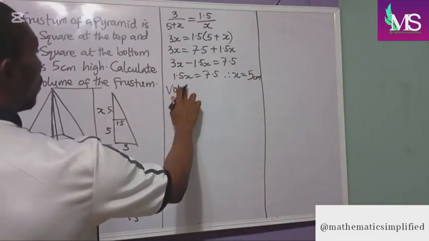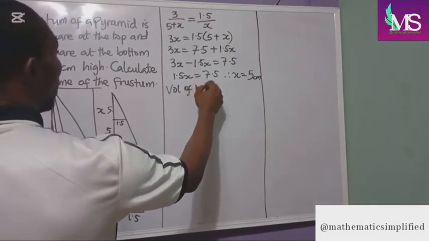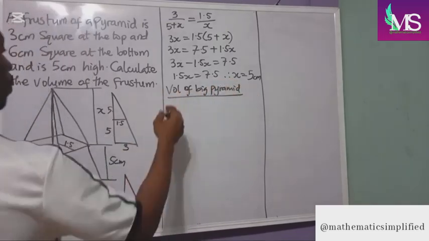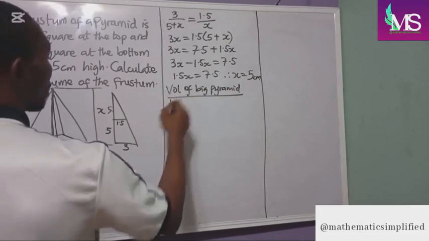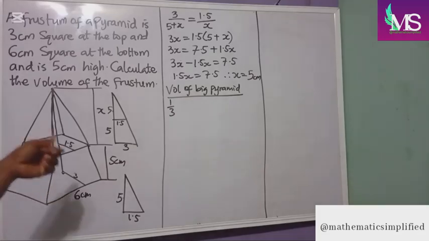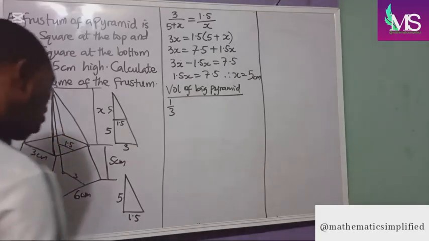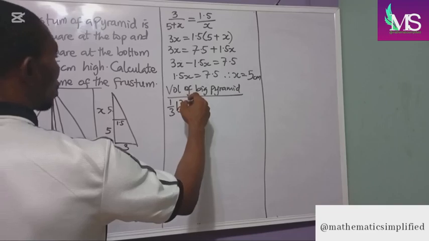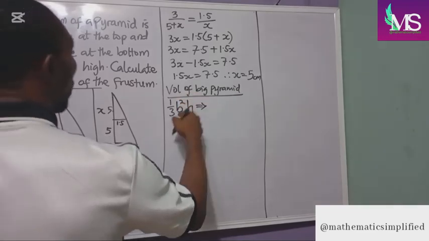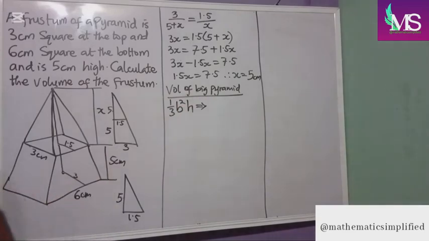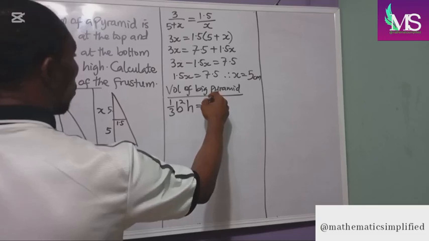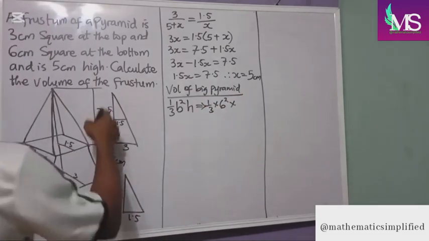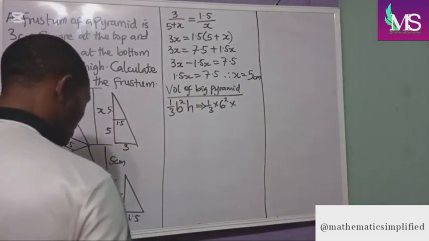Volume of big pyramid will become 1/3. Since it's a square-based pyramid, our volume will become 1/3 b squared h, where b squared is our length times length. This will become 1/3 times 6 squared times our height, 5 plus 5, which will give us 10.